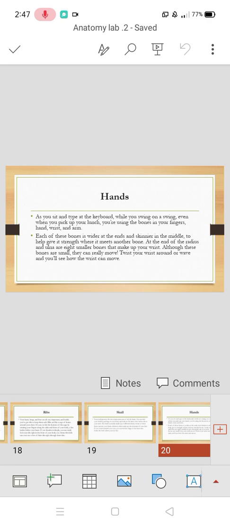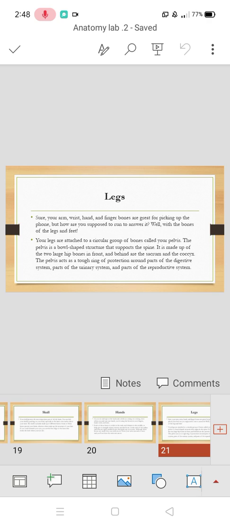At the end of the radius and ulna are eight smaller bones that make up your wrist. Although these bones are small, they can really move. Twist around or wave and you'll see how the wrist can move.